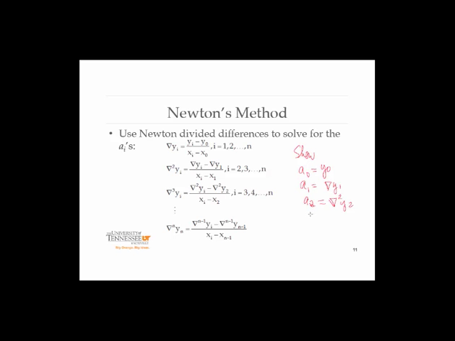And this pattern will continue all the way through the nth coefficient, and you can probably guess the form. It'll be the nth divided difference on y sub n. So these are just a continuation of the process. This is how you can generate all the coefficients for the Newton polynomial using these divided differences. So let me show you the tabular form that you can use to produce them, which will help explain how the Python code is defined.